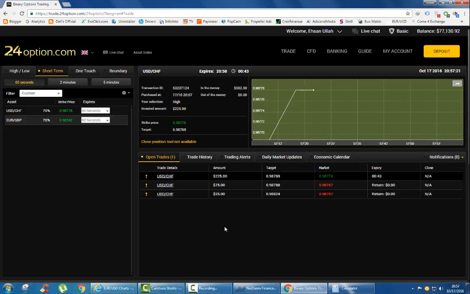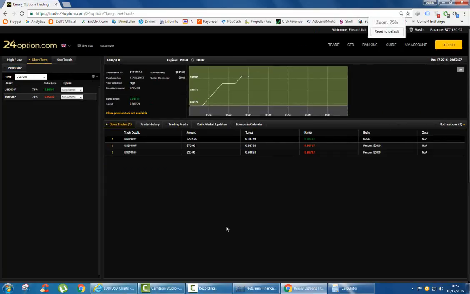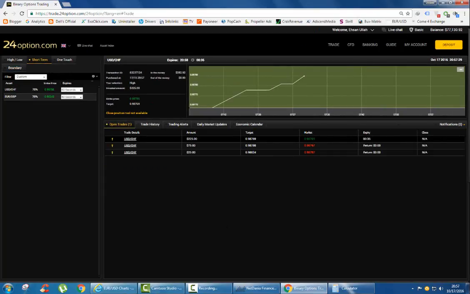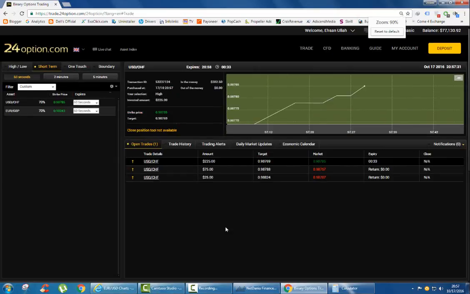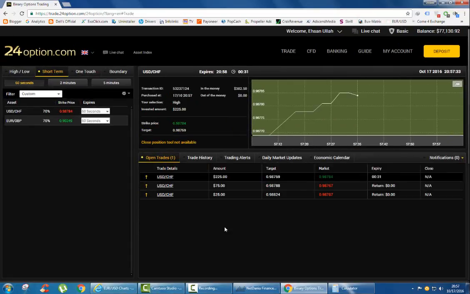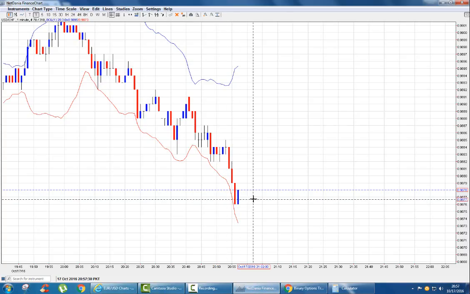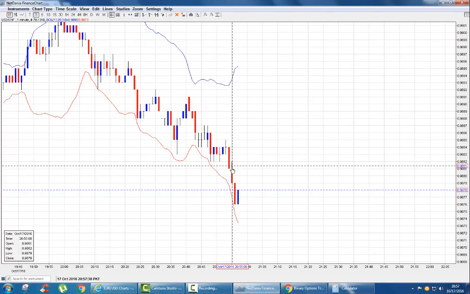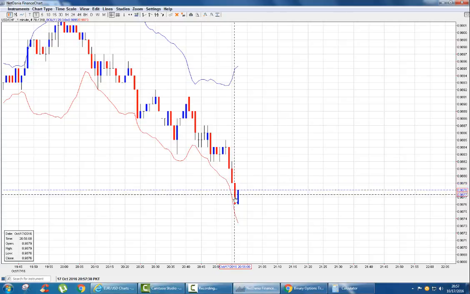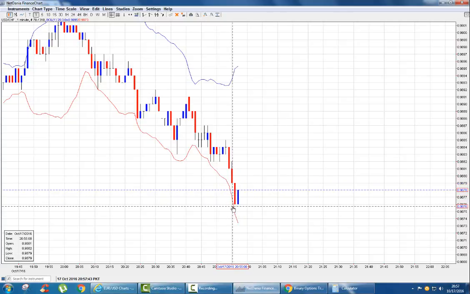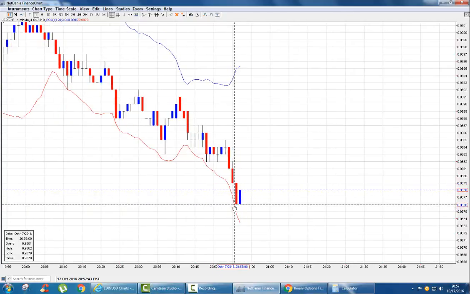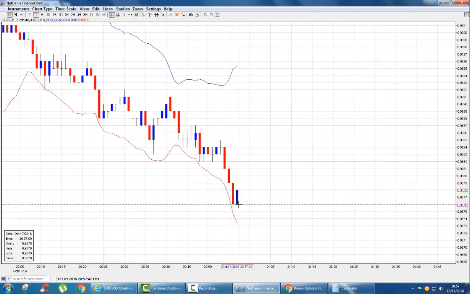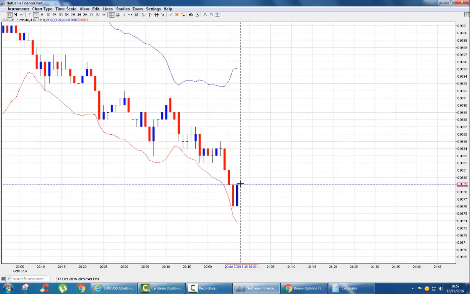Let's look at the chart for a moment. As you can see, there were like three red candles. One was pretty much close to the red line, or almost touched it, but then the next candle was a blue candle.